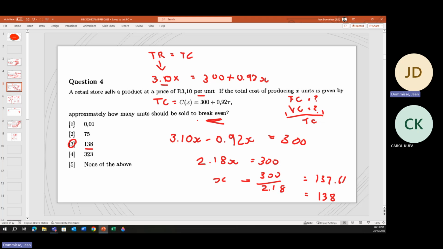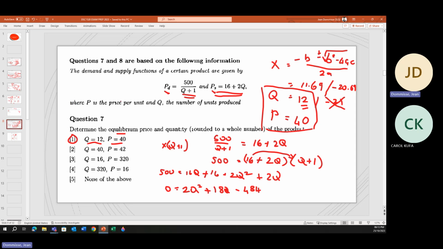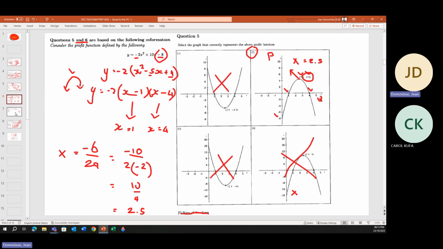So break even is always to do with your total cost and total revenue. Break even is when your total revenue is equal to total cost, and then your equilibrium is, and where did we do the equilibrium question?